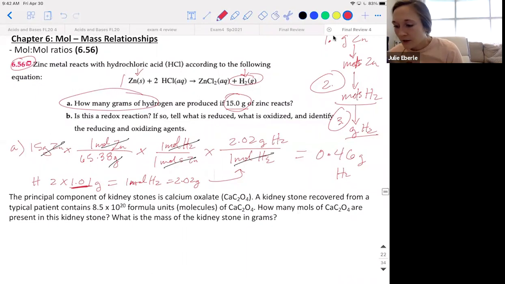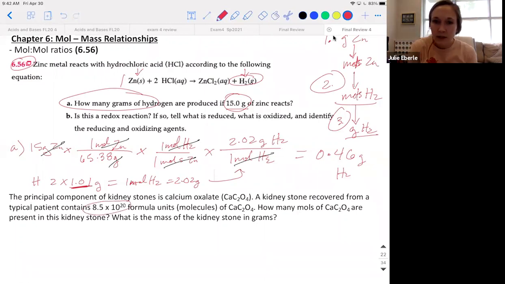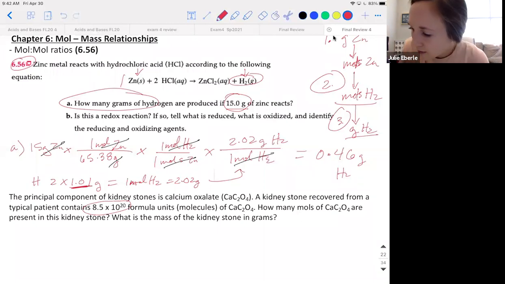All right, the principal component of kidney stones is calcium oxalate, CaC2O4. A kidney stone recovered from a typical patient contains 8.5 times 10 to the 20 formula units. Formula units here is just that many molecules of calcium oxalate. How many moles of calcium oxalate are present in this kidney stone?